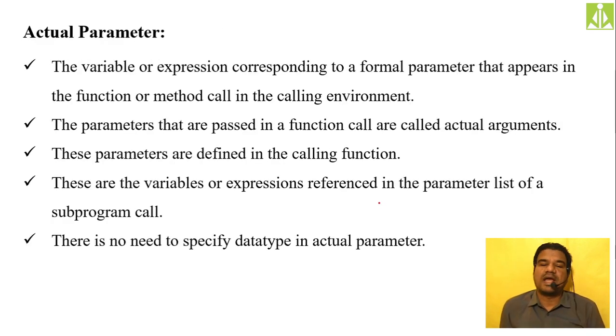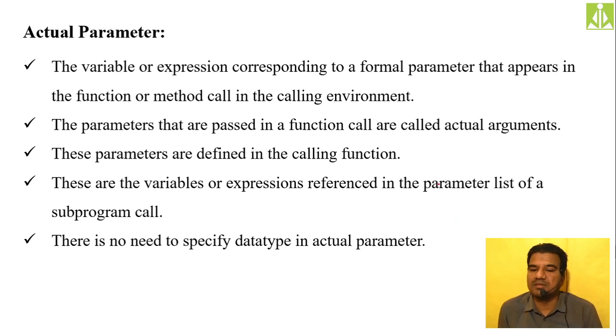So what are actual parameters? Inside the function call, in the calling environment, whatever variables, constants or expressions you are passing to a function as parameters, we call them actual parameters.